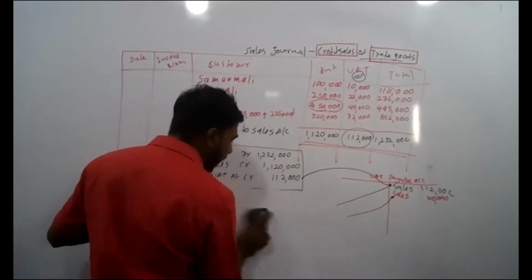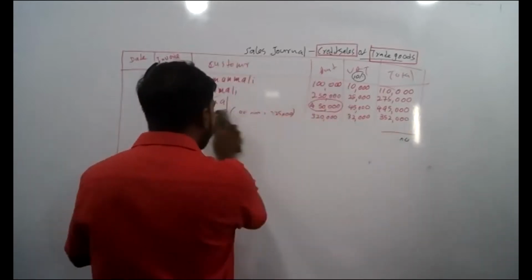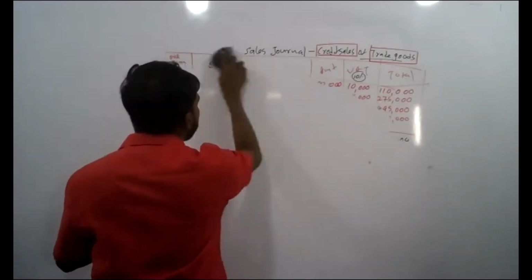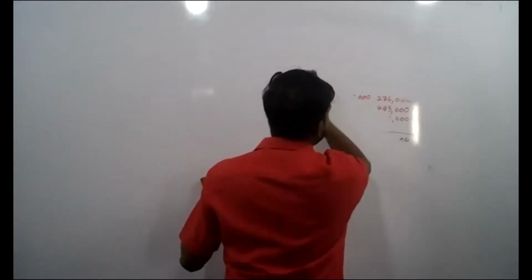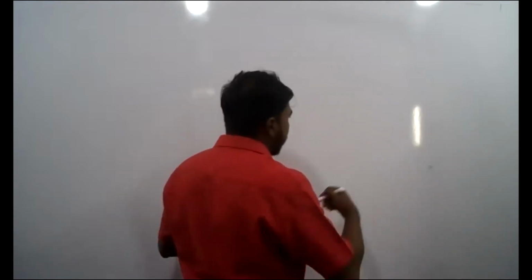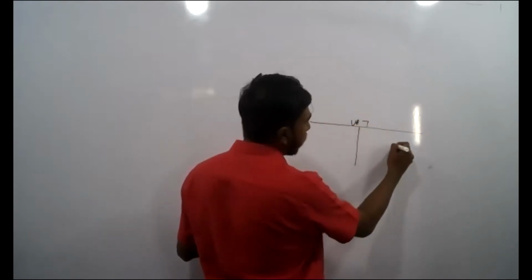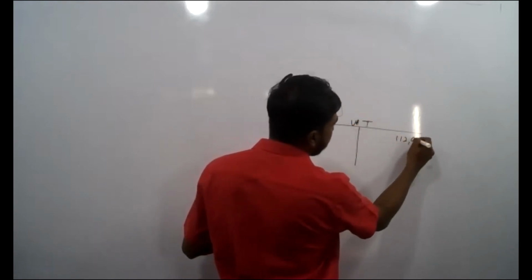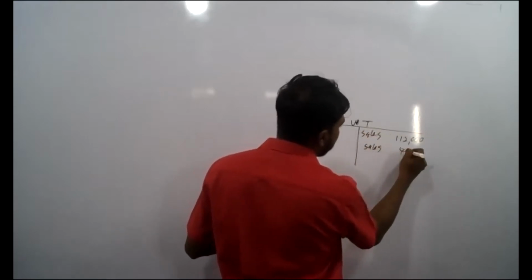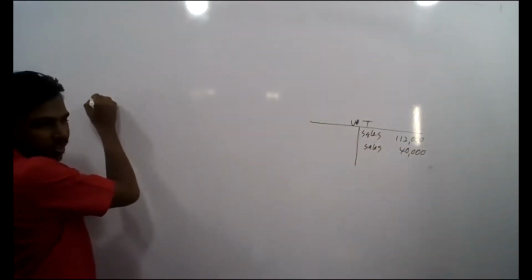Now they ask you to prepare the returns inwards journal. Now let's take out the writing. How much was the VAT here? 112, right? Sales, then this is cash sales. So I will move on to the returns inwards journal now.